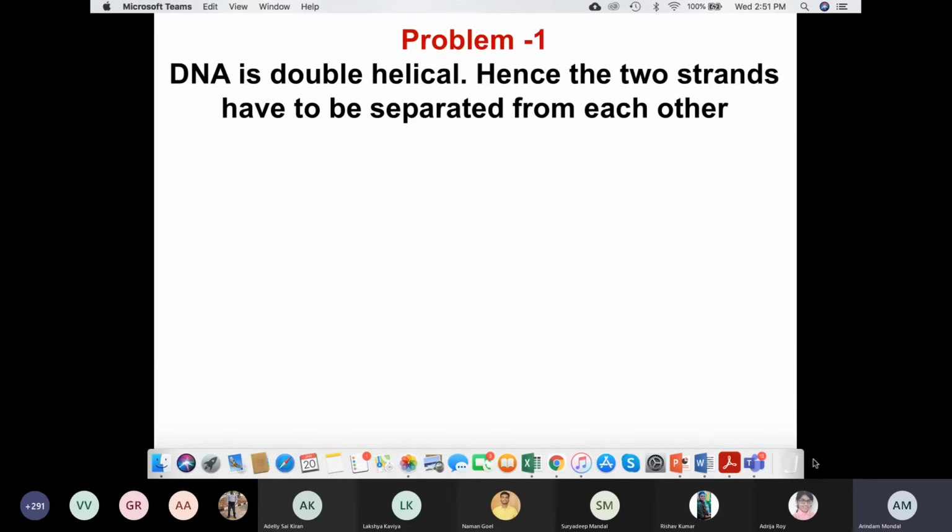One of the major diseases that happens due to a problem in DNA replication is cancer. If DNA replication is not happening properly, you will be incorporating mutations, and those kinds of mutations can lead to uncontrolled DNA replication and hence uncontrolled cell division. That uncontrolled cell division will lead to formation of tumorous growths, finally leading to cancer.